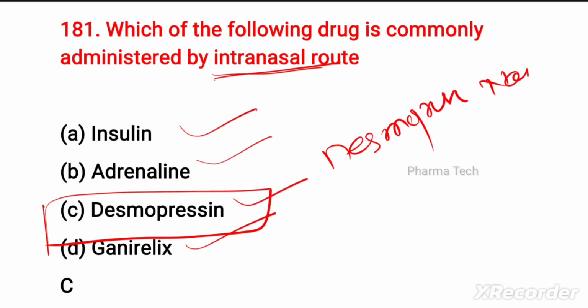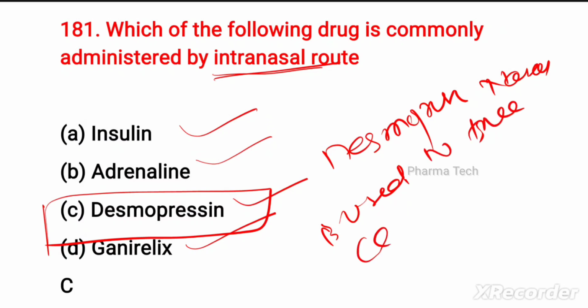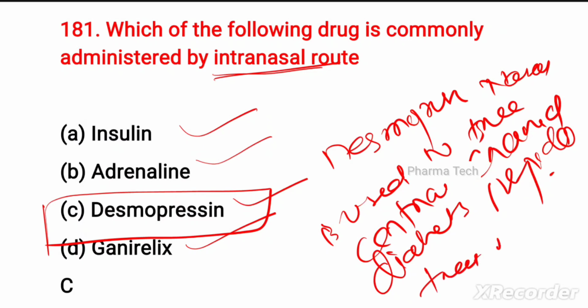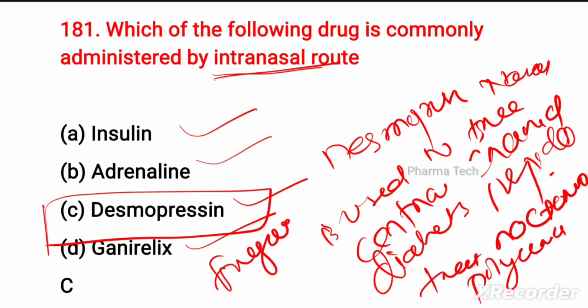Desmopressin nasal spray is used to treat central cranial diabetes insipidus, and it is also used to treat nocturnal polyuria. That means frequent urination at night.